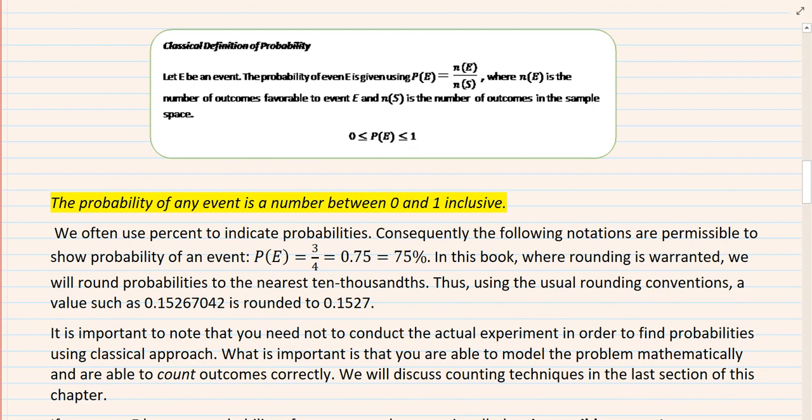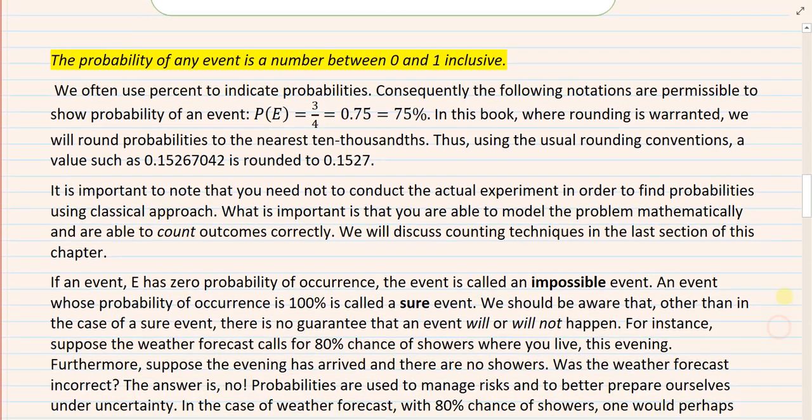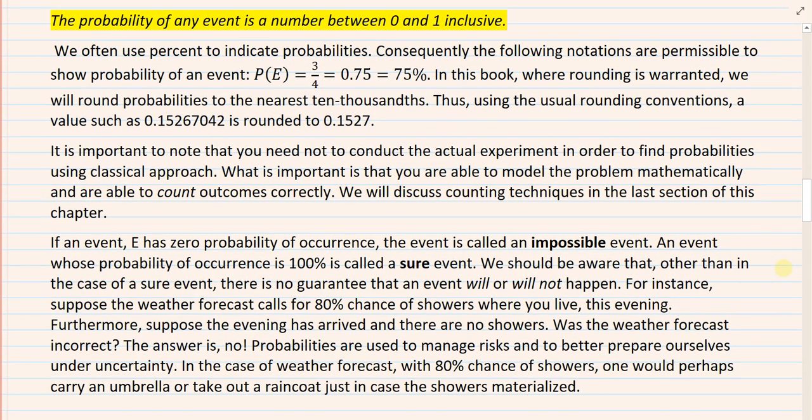Usually the counting techniques are some kind of permutation or combination. It's not straight counting, as simple as head or tail.